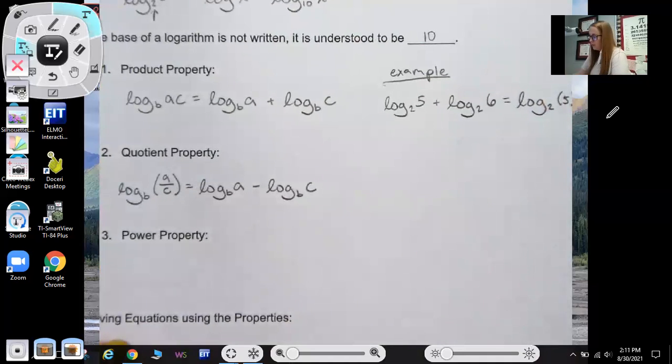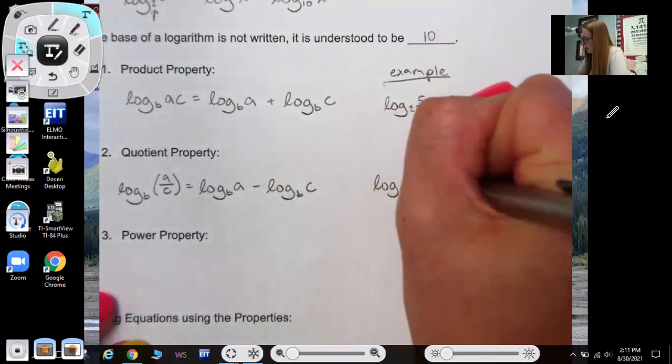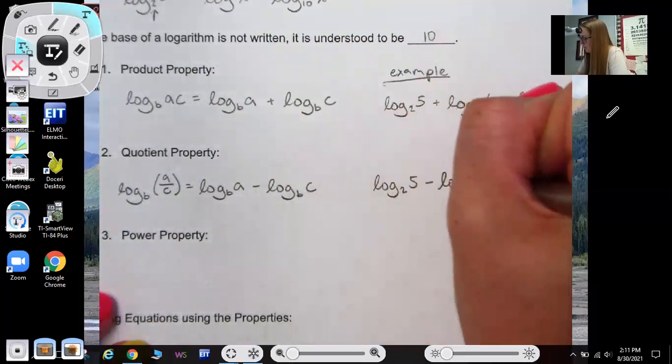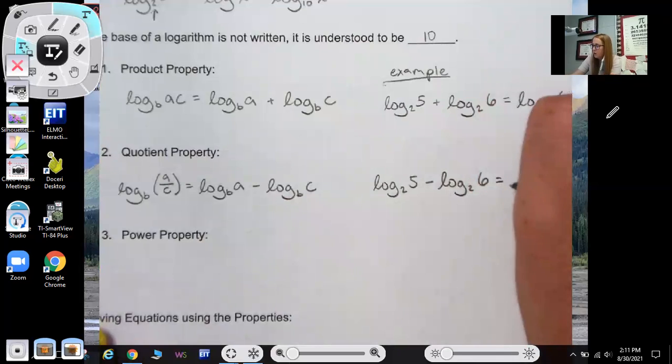The way that we'll be using this property, let's say we have log base 2 of 5 minus log base 2 of 6. So now we have 2 logarithms that have the same base. They're being subtracted. The way that we're going to use this property is to combine these 2 logarithms into 1.